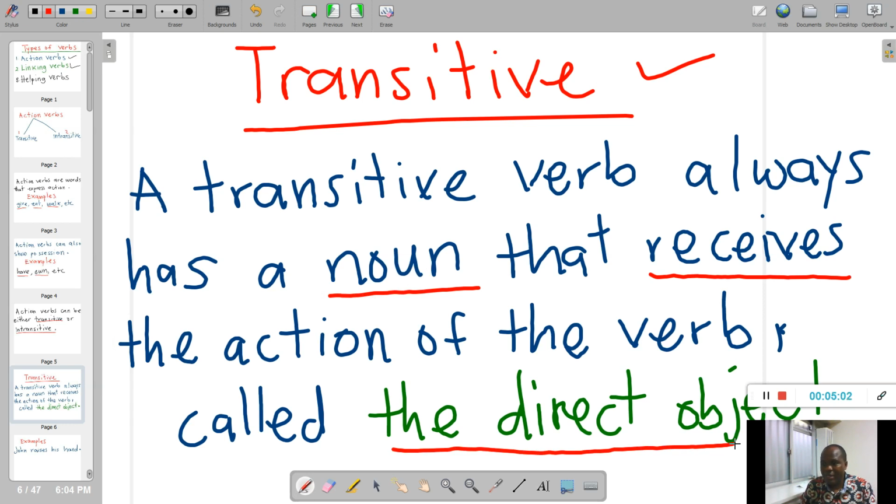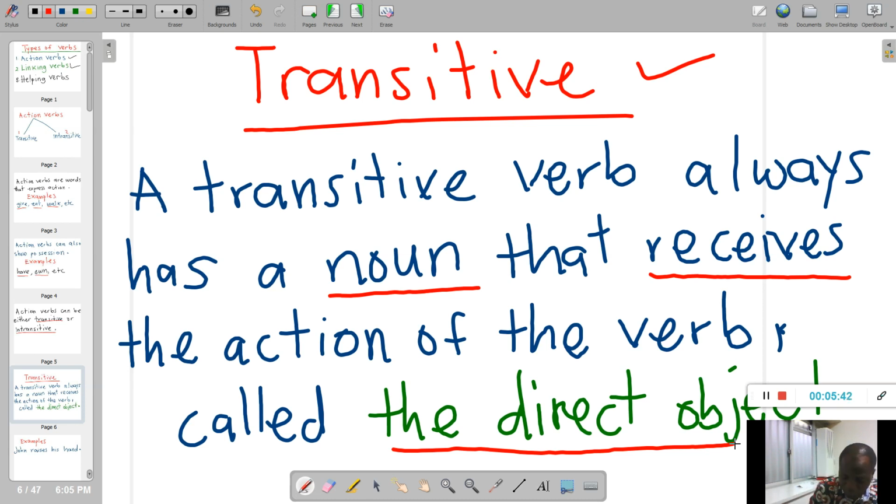Example: the cat eats the meat. The cat here is a noun, but it's a subjective noun, and the meat here is an objective noun. So we have subjective and objective. The meat receives the direct action, which is eat, so the meat becomes the direct object.